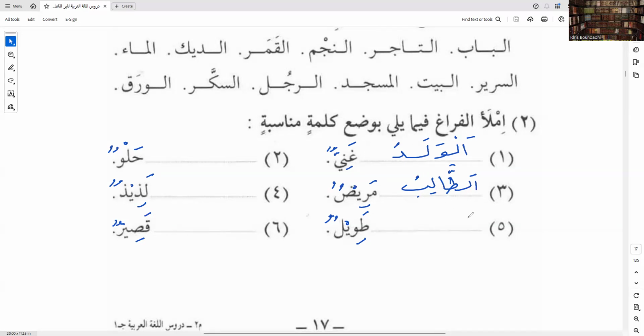And then I can say at-tajiru ghaniyun. And then I can say al-asalu hulwun. And then I can say fufu ladhidun. The fufu is delicious.